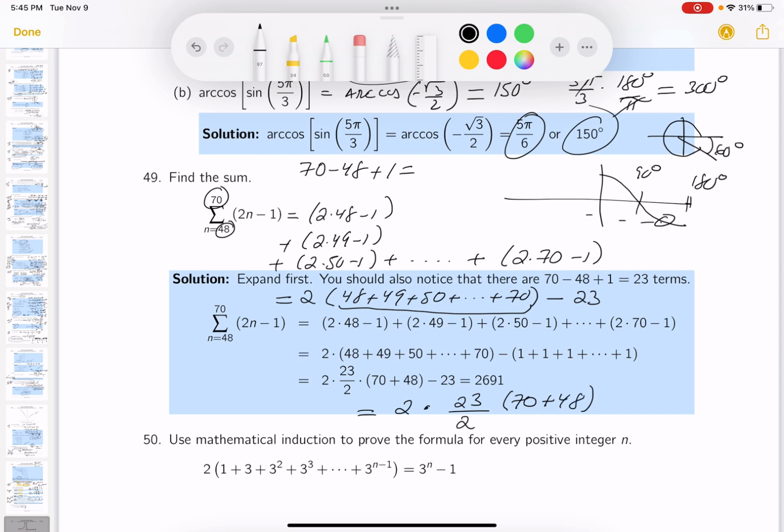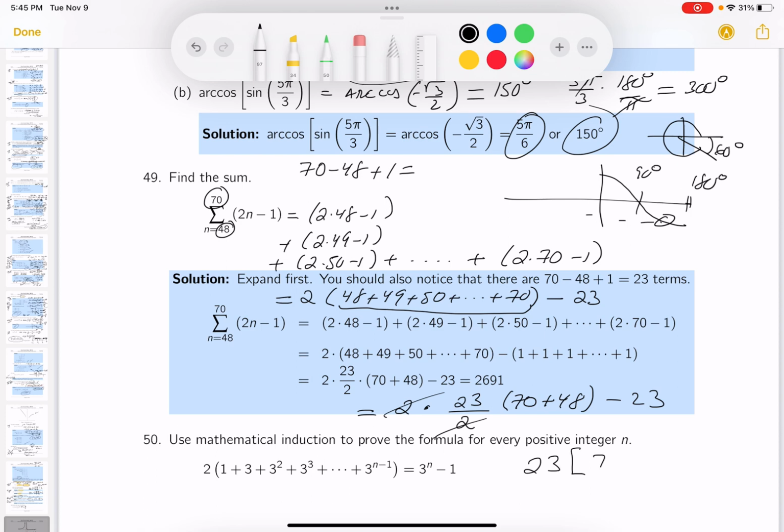And again, you may not be able to recall these formulas that you learned in Math 120, but it's not that bad. And then you're going to get minus 23. Yeah, I know it's exhausting. The 2's cancel, and then you do the arithmetic. I'm going to factor out a 23.